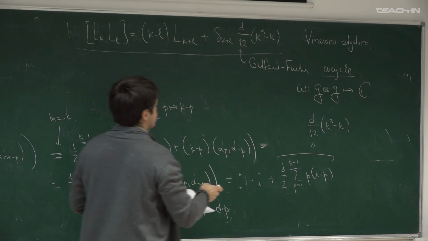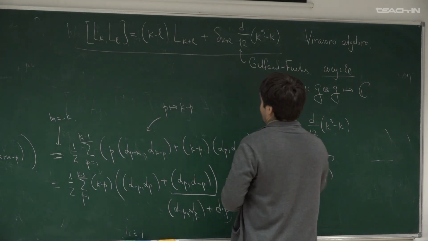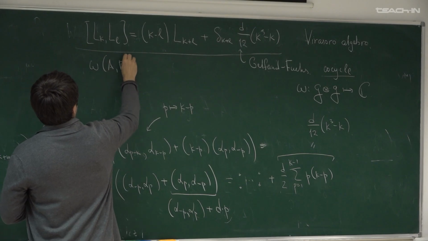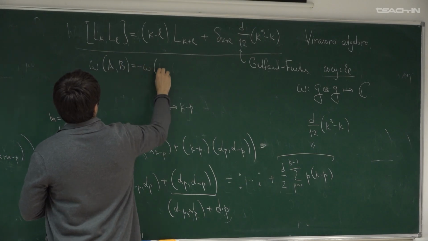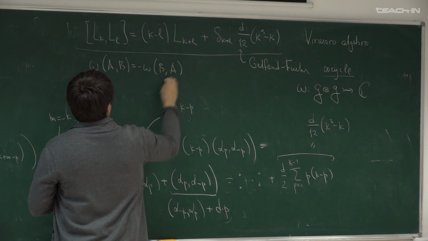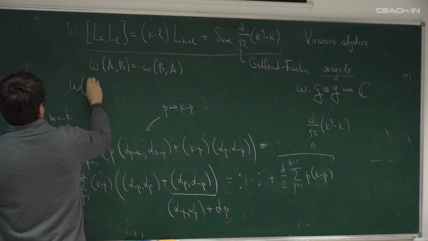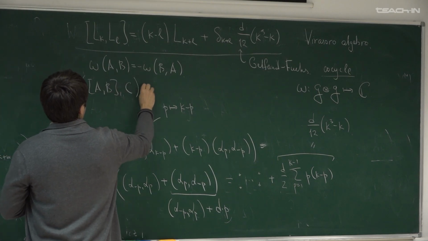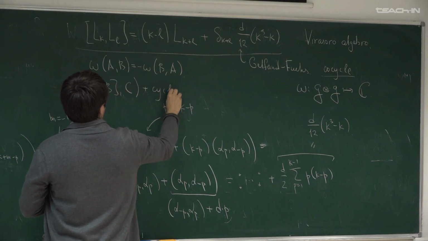First of all, it's skew symmetric: omega of A, B equals minus omega of B, A. And secondly, there is a property that omega of A, B, C plus cyclic permutations is 0.